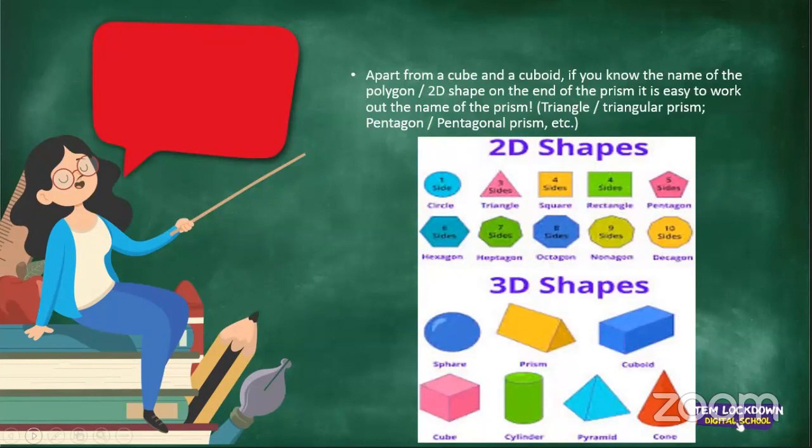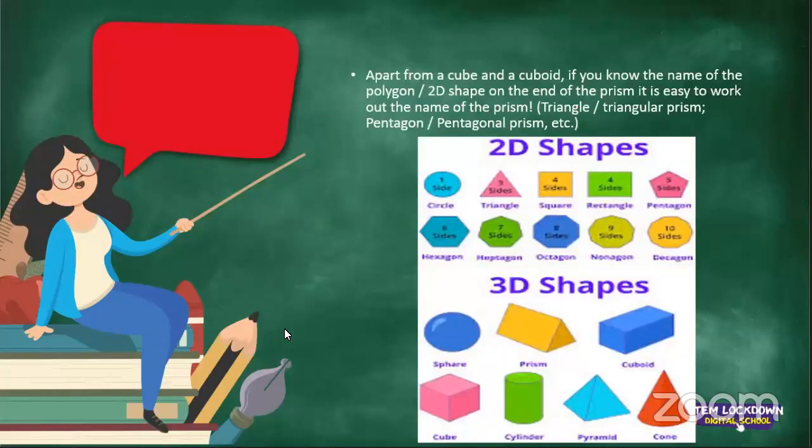Now, how do we know which shapes are prisms? How do we identify prisms? Apart from a cube and a cuboid, if you know the name of a polygon or a 2D shape on the end of the prism, it is easy to work out the name of the prism.